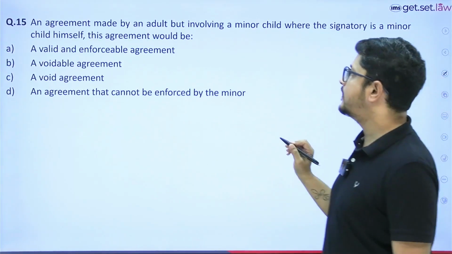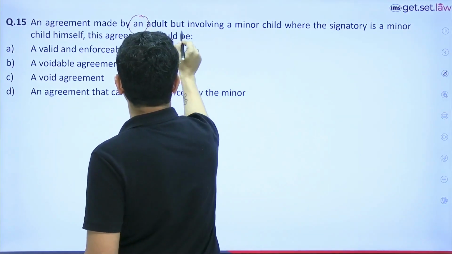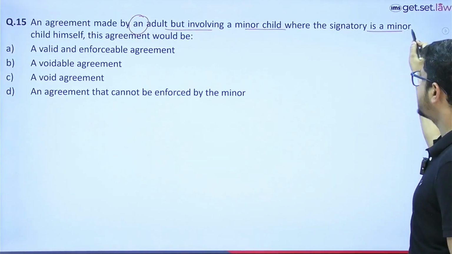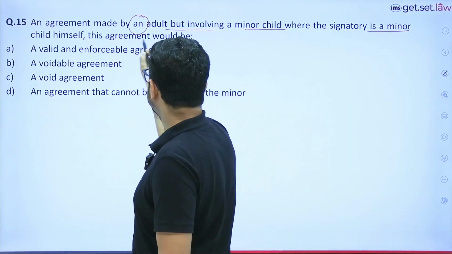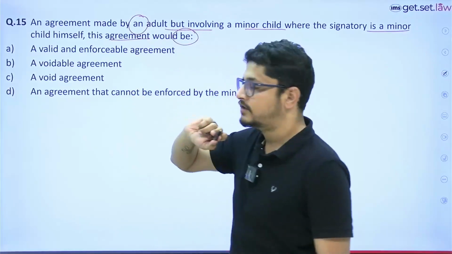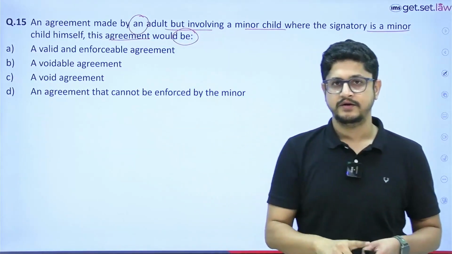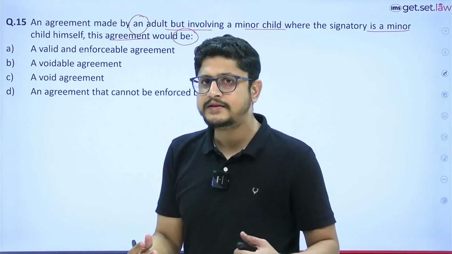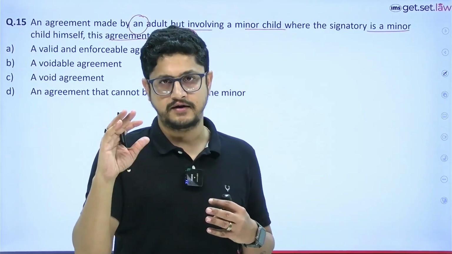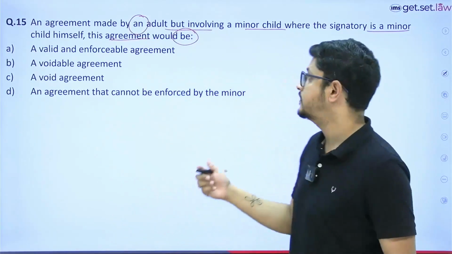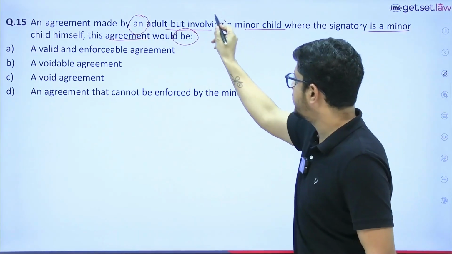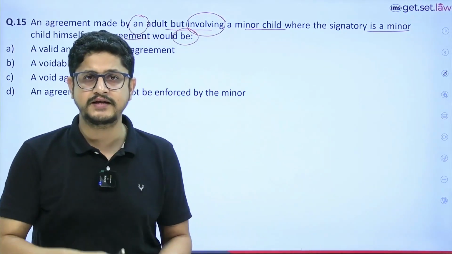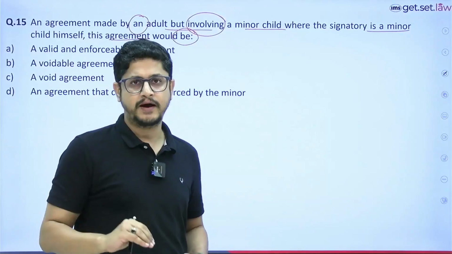Question 15. An agreement made by an adult but involving a minor child, where the signatory is a minor child himself. What would this agreement be? Now there is an agreement made by an adult. Maybe the reason it has some validity is that it is made by the adult, but he is taking a minor into the agreement.